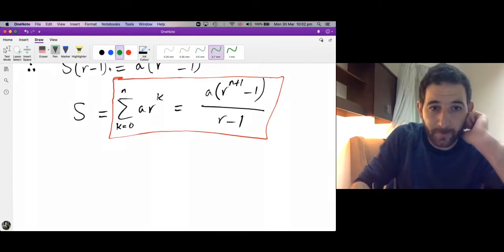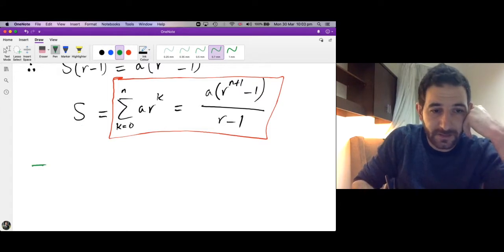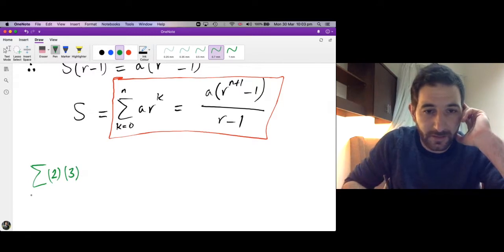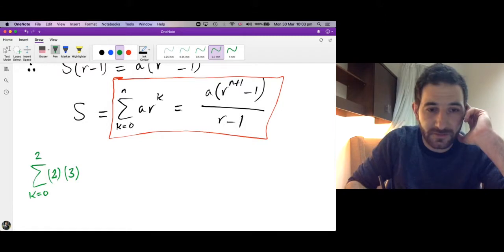Let's take the summation. Let's say a is 2 and r is 3 and k ranges from 0 to 2. So what is this?